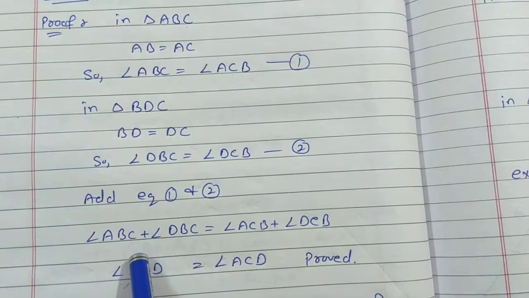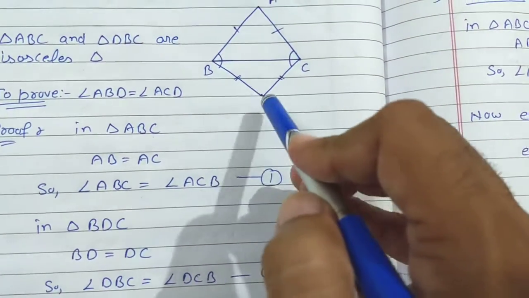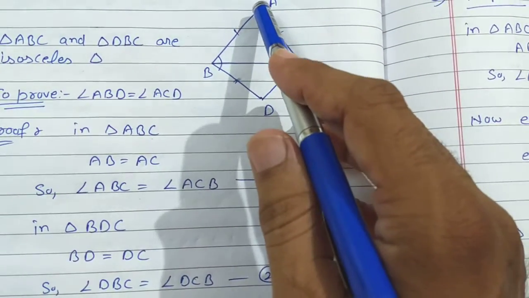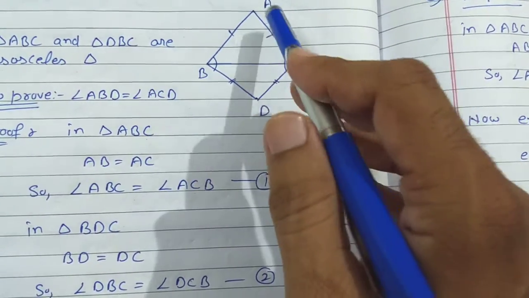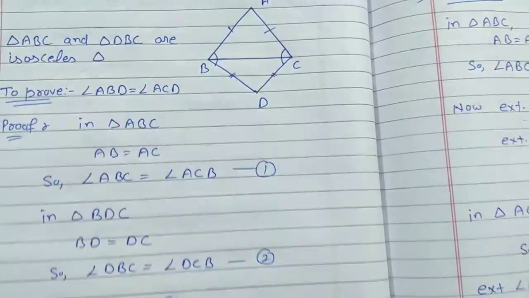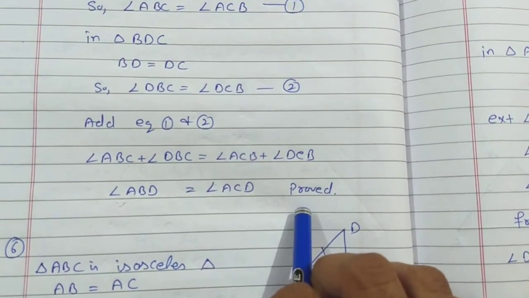Then when you add these two angles, ABC plus DBC, we get full angle ABD. Similarly, when we add these two angles, we get full angle ACD. So that is ACD, and hence it's our proof.